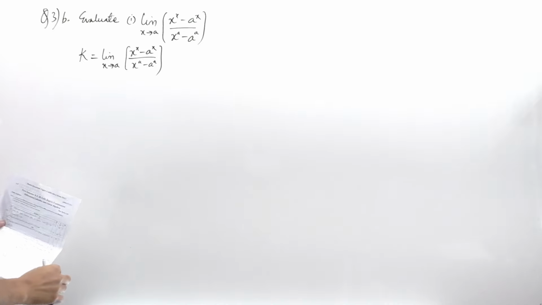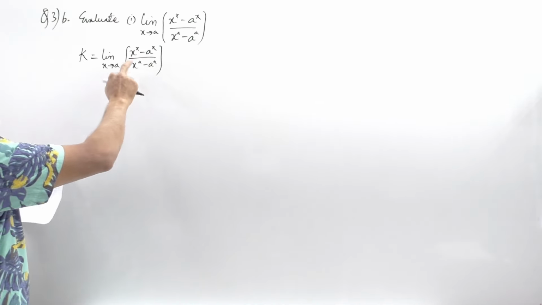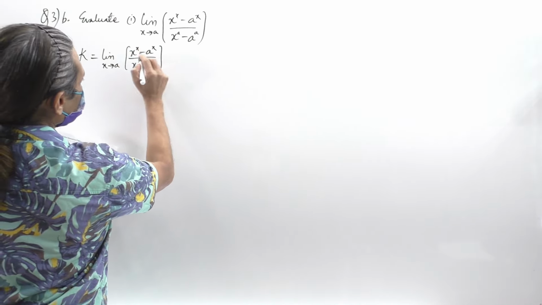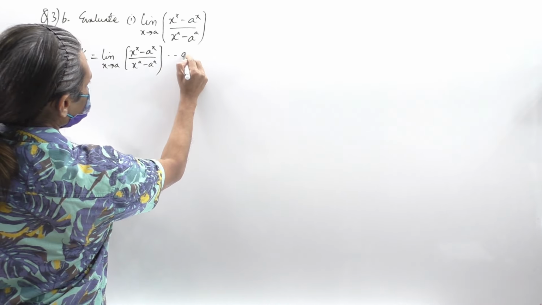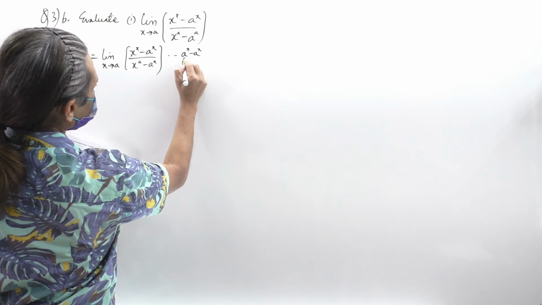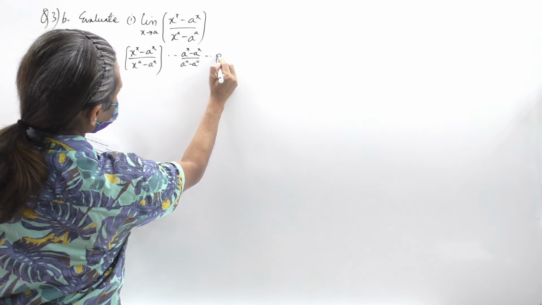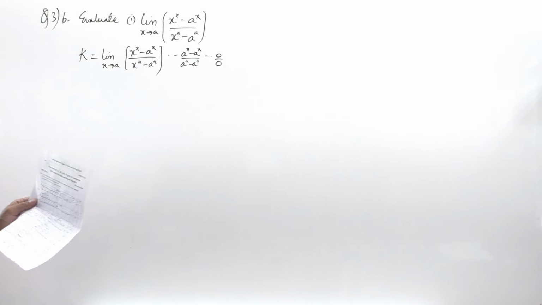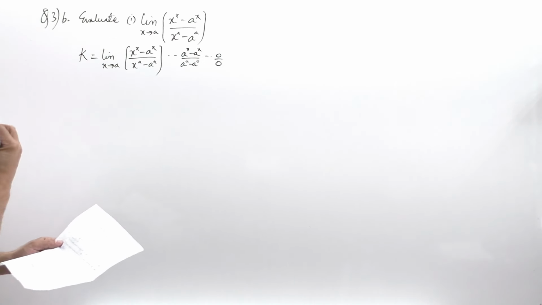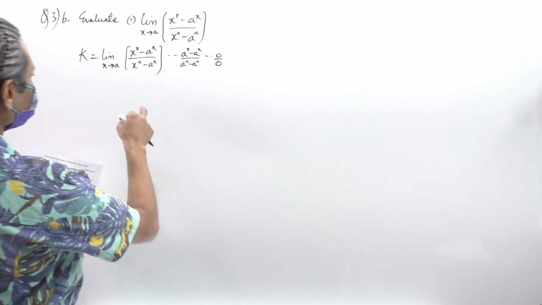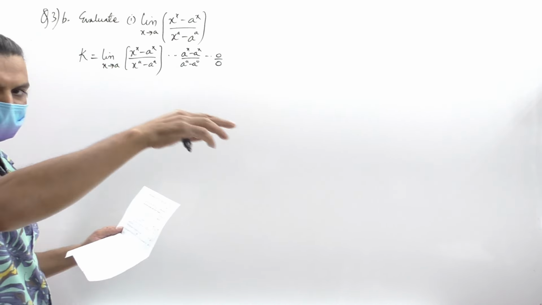If you put a here, this is a raised to a minus a raised to a by a raised to a minus a raised to a, that is equal to 0 by 0. That means we can apply L'Hopital's rule here, and according to it we need to differentiate the numerator and denominator separately.